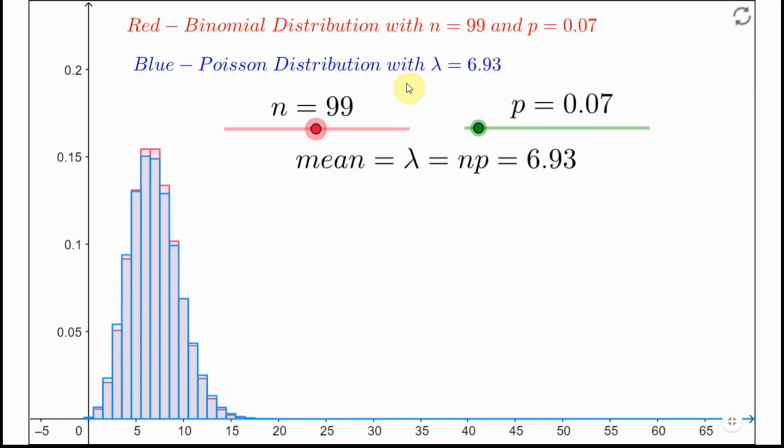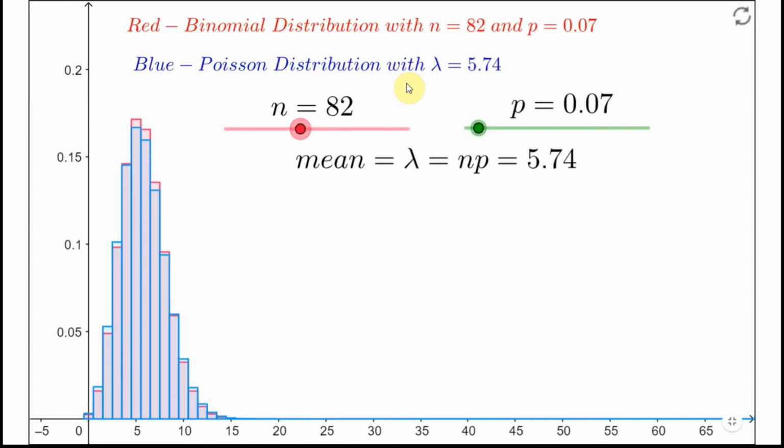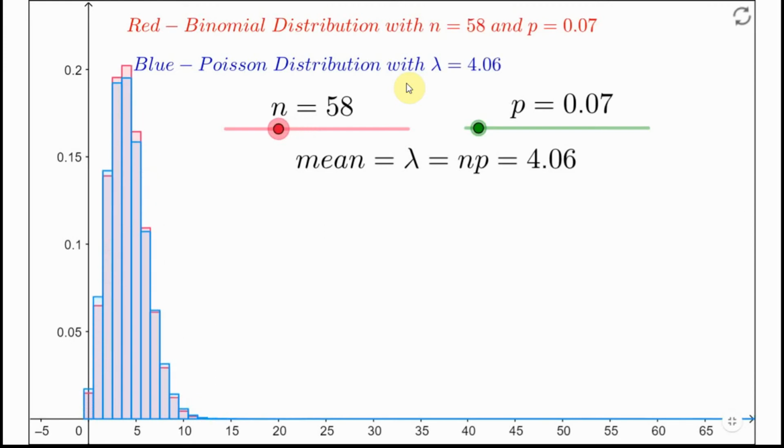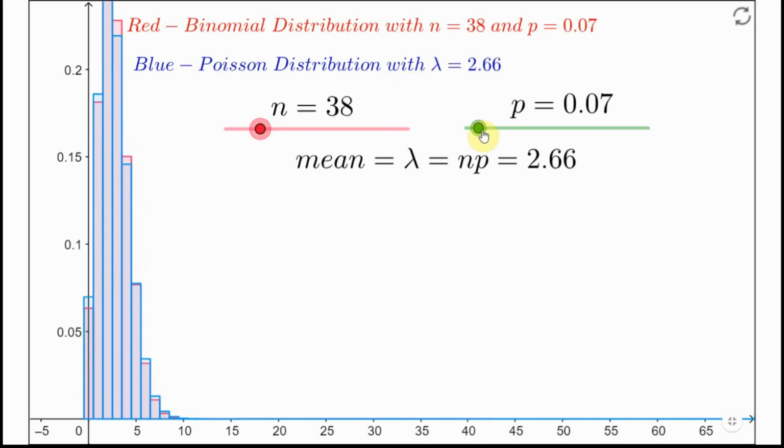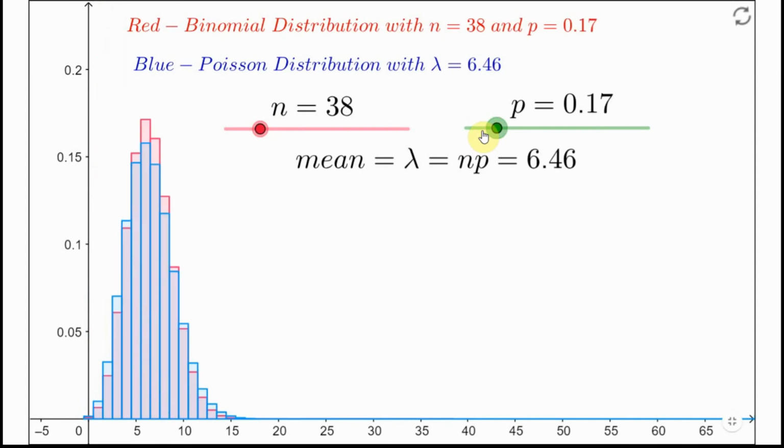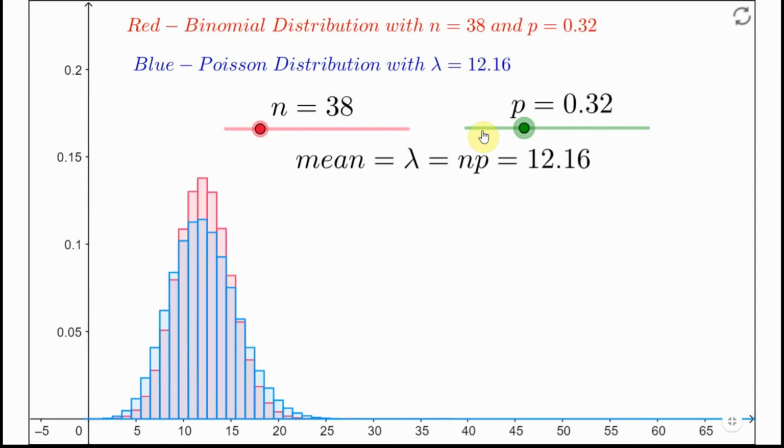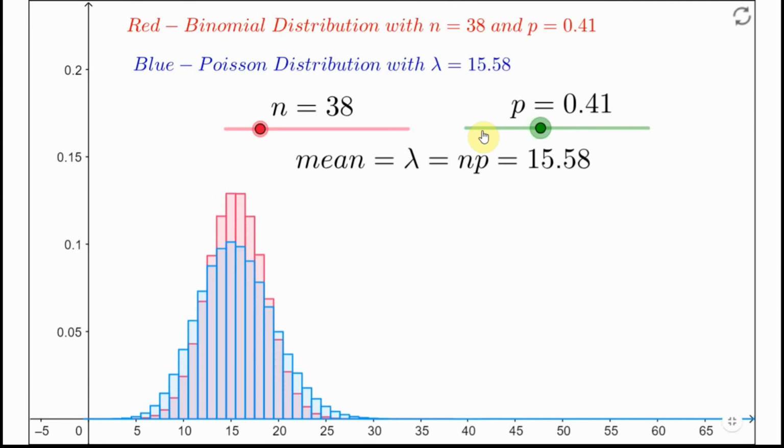And we can also vary n, and if we reduce n, then it looks like things are perhaps getting less similar. Okay, and particularly if we have a small value of n and a large value of p, then you'll find that the two distributions are very different indeed.